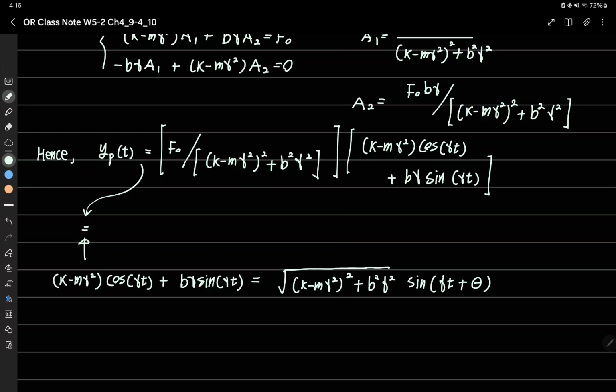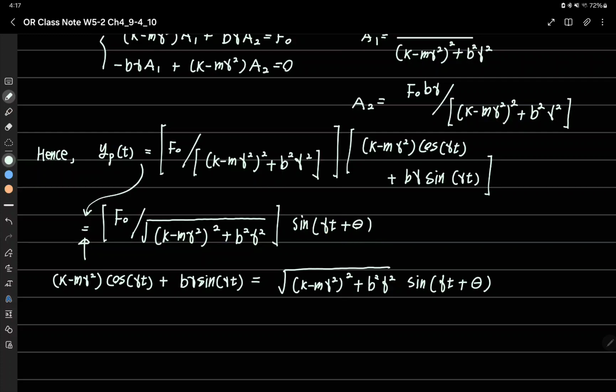We were used to this technique in 4.9, right? Look at the bottom here. The square of this is this. So simplifying that fraction, we're going to get F0 over the square root of (k minus m gamma squared) squared plus b squared gamma squared, times sine of gamma t plus theta.